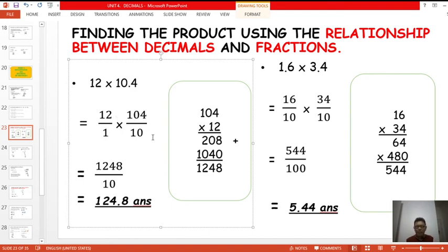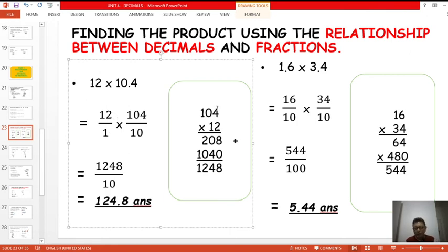Just multiply them straight away: numerator times numerator and denominator times denominator. If you solve that, maybe using your calculator, you can end up with 1248.